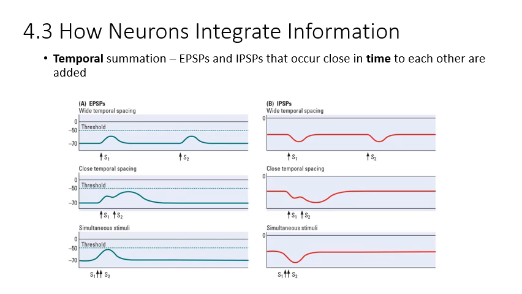So in temporal summation, you can see in terms of this EPSP, if they're widely spaced apart, they're not going to be added together. But if they're close in time, they're going to be added together to come a little bit closer to this negative 50 millivolt threshold, which, if you remember, is the threshold at which an action potential is triggered.